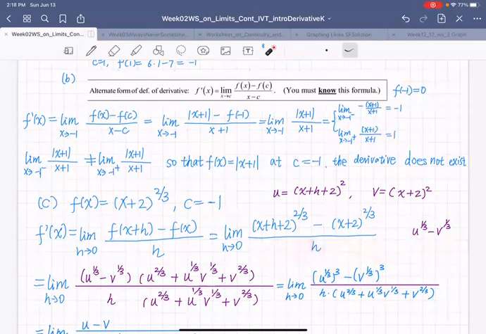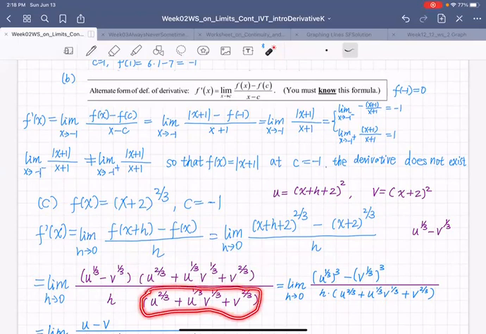Yes. So when I see here, I feel like as long as I have u to the power of 1/3 squared, plus the product of the two, plus the other guy squared, I can multiply this on the top and the same thing on the bottom.